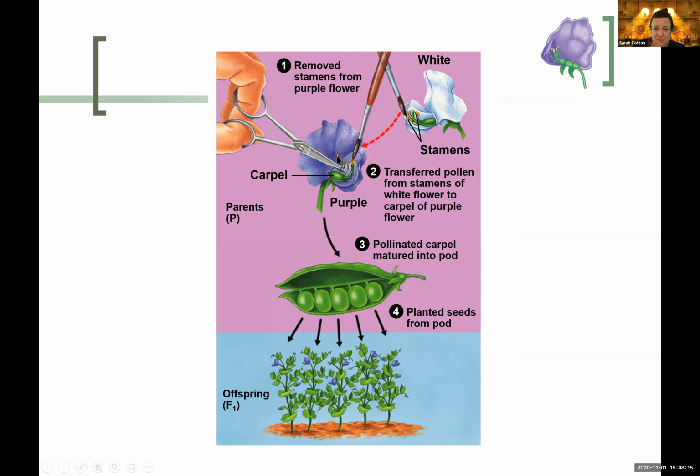The other thing you can see in this picture is them cutting the stamens, the male parts, off of this plant so that it doesn't accidentally self-fertilize, okay? So that's the dirty work of actually doing these studies.